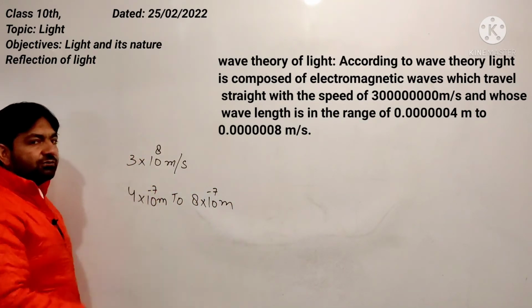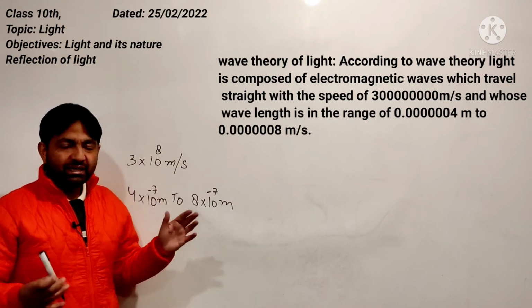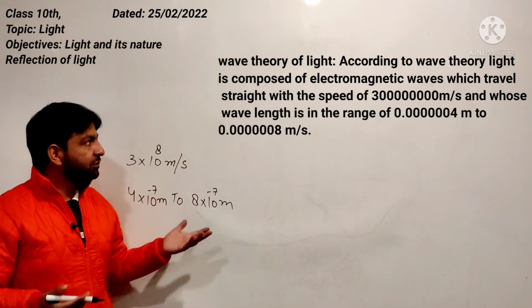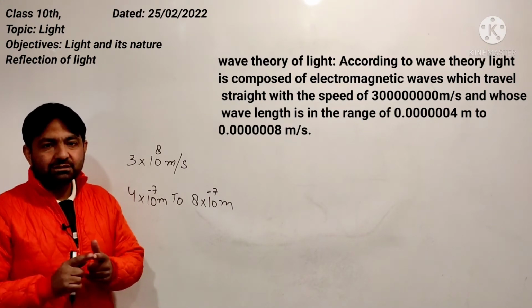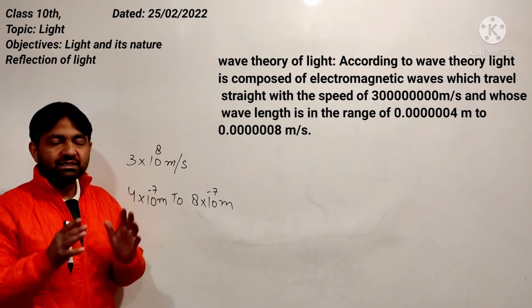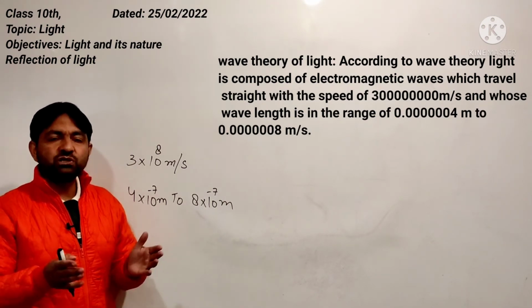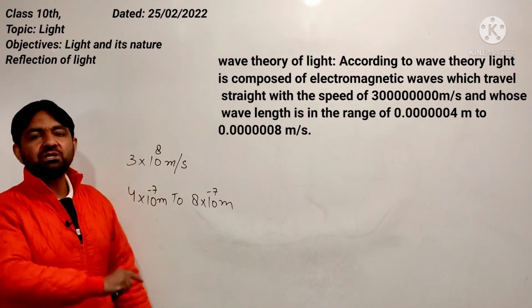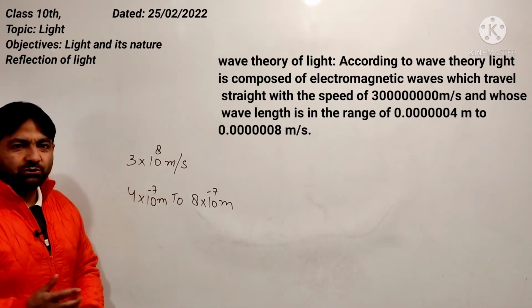This is the speed of light, and this is the wavelength of light. We are here discussing first wave theory of light. So, according to wave theory, light travels in the straight line, and it consists of electromagnetic waves. What are electromagnetic waves? Those waves which do not require any material medium for their propagation. So this was something about wave theory of light.